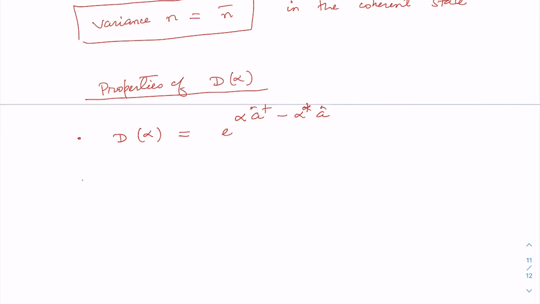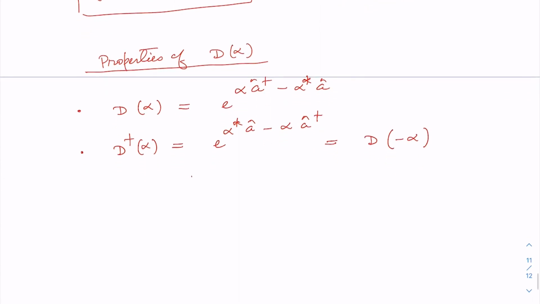Immediately from here you should be able to see that if you take D dagger(alpha), then you will get e to the power alpha star a minus alpha a dagger, which is nothing but D(minus alpha).